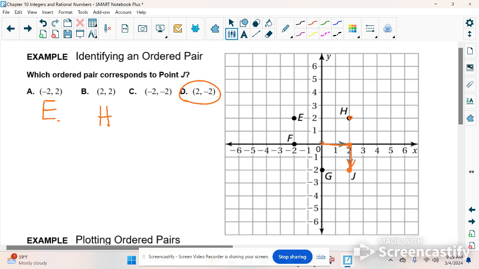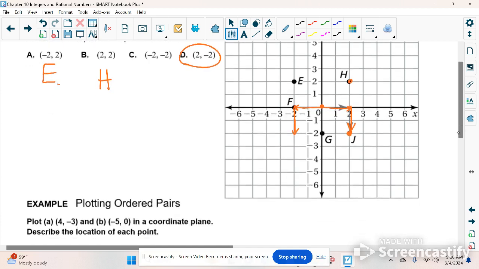If I start at 0 and I go to negative 2 and then go down to negative 2, is there anything there? No, nothing's there, so it doesn't have a point. Don't put anything.